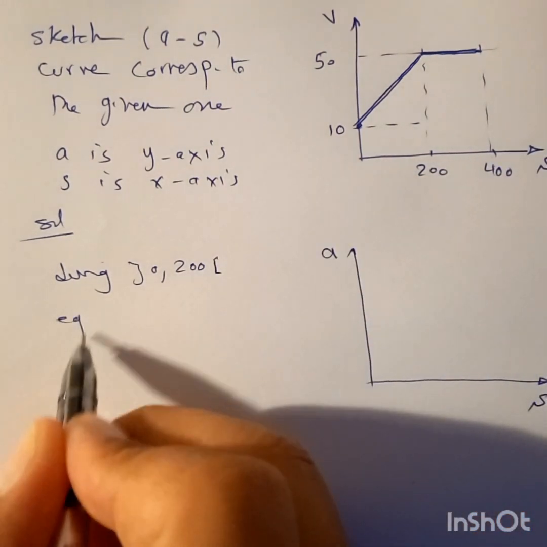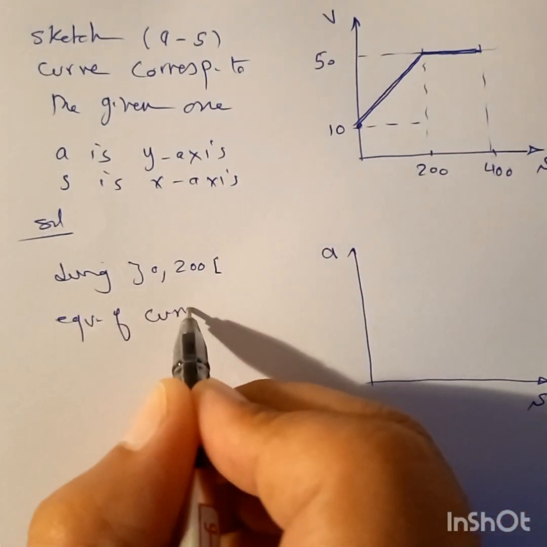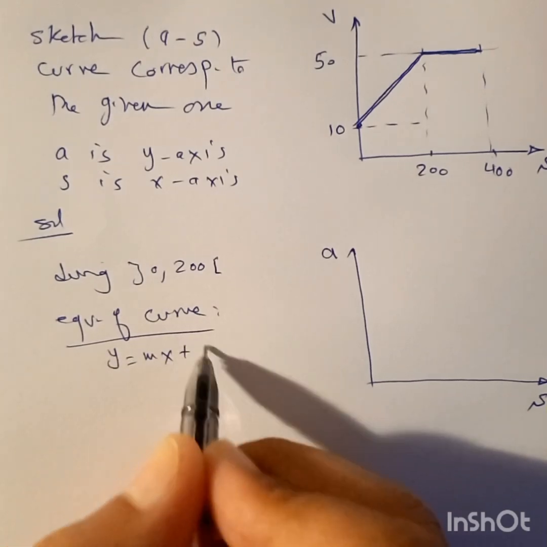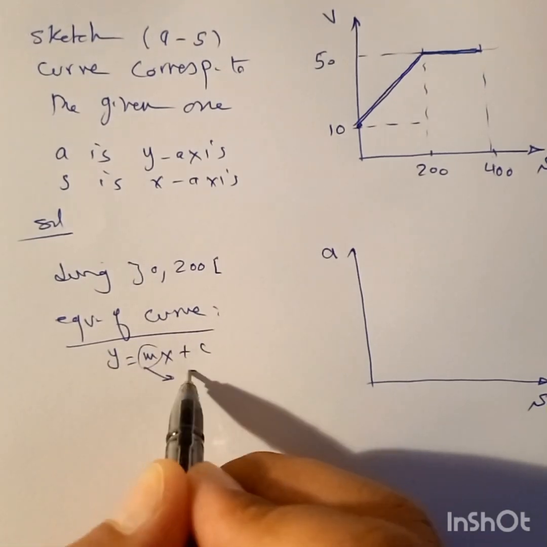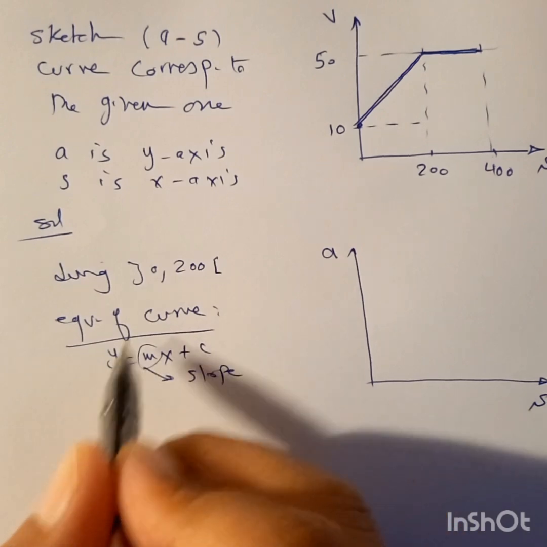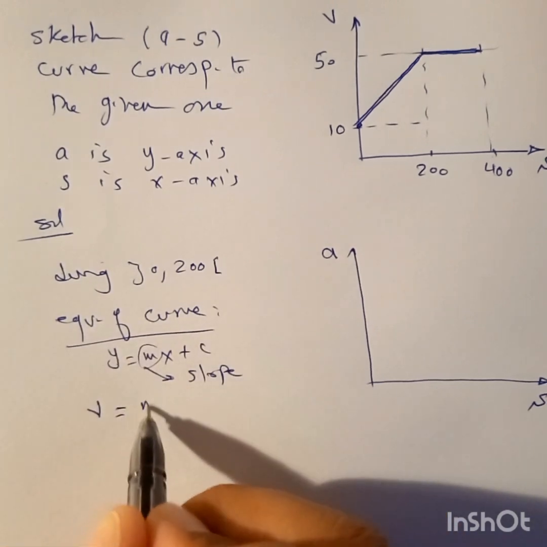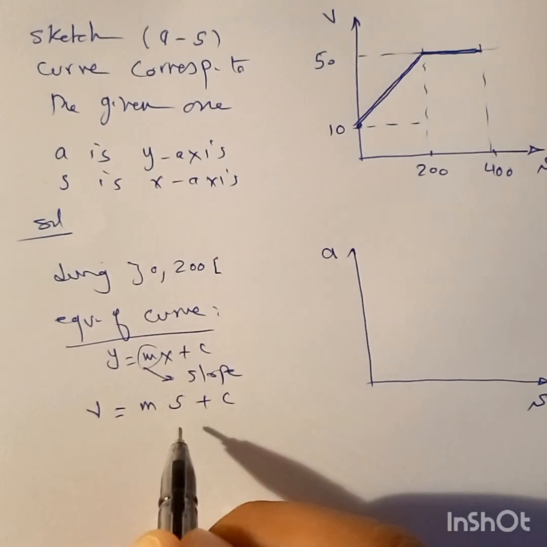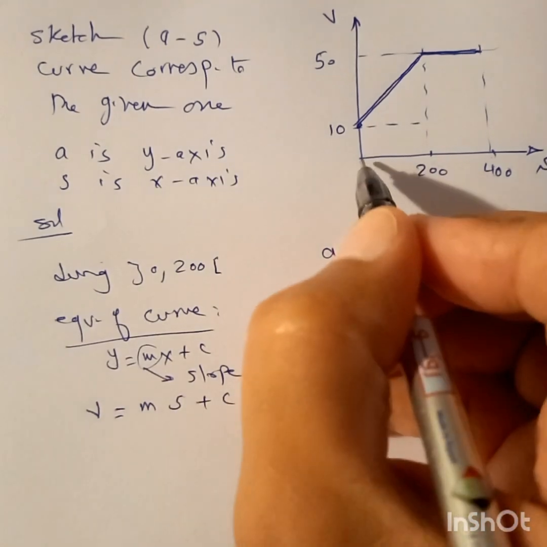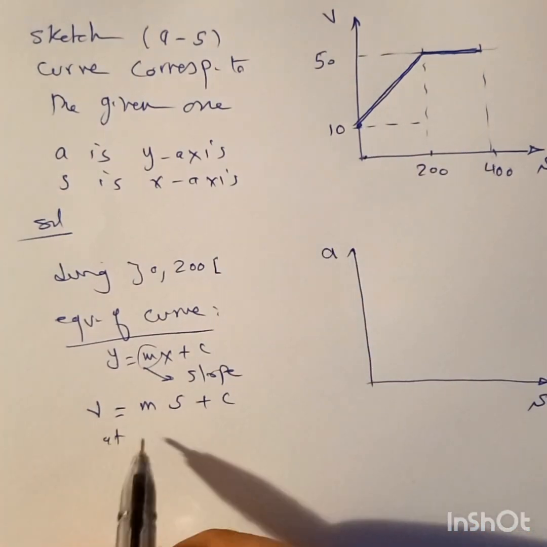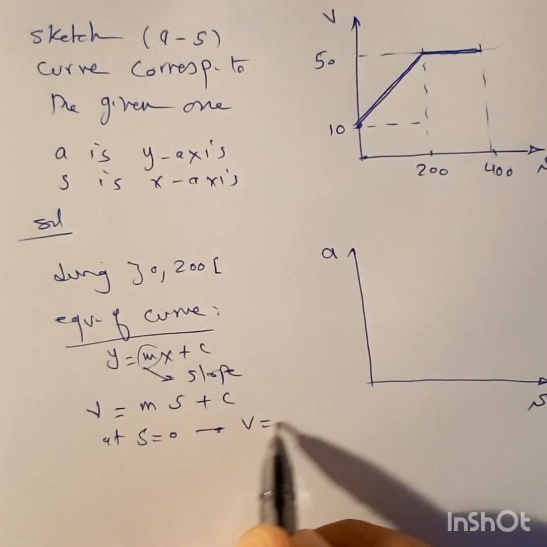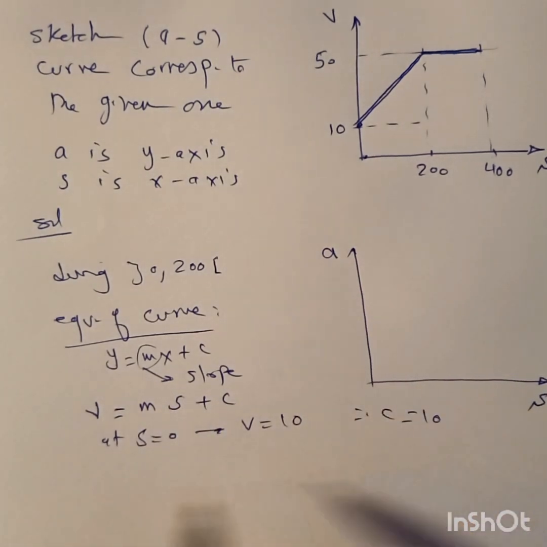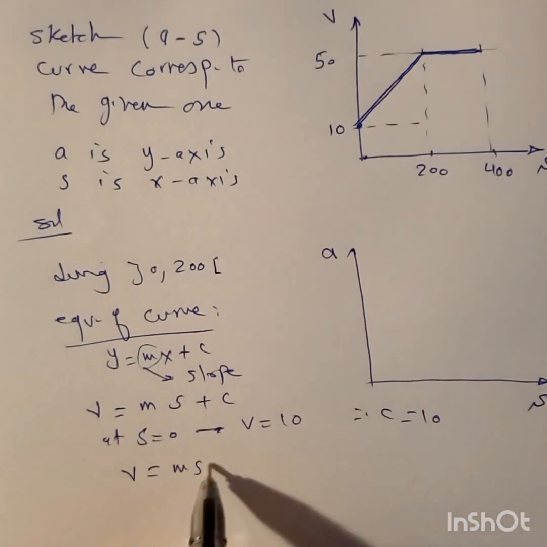Okay, equation of curve. Here the general form is y equals mx plus c, where m is the slope. Here y is velocity equals slope times x, displacement, plus c. When s equals 0, we have v equals 10. By substitution here, then c equals 10. Then we have v equals ms plus 10.